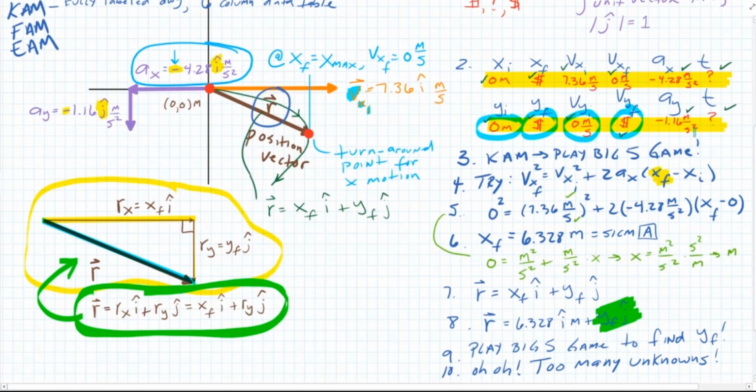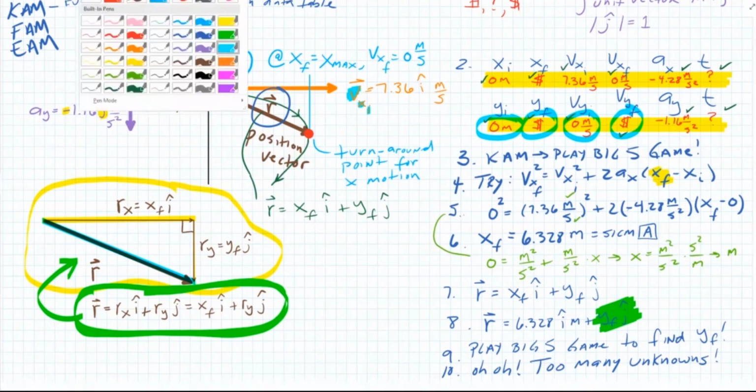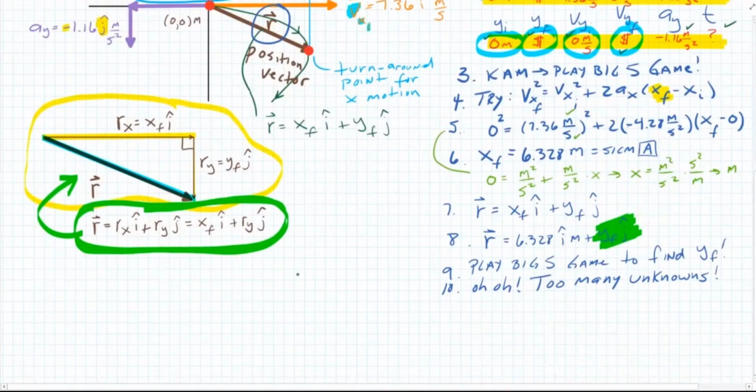I only know the acceleration. So this is where you can get creative. Now you can sort of slingshot to the other side of your brain and get creative. And then I'm going to say, aha, find time from X data.